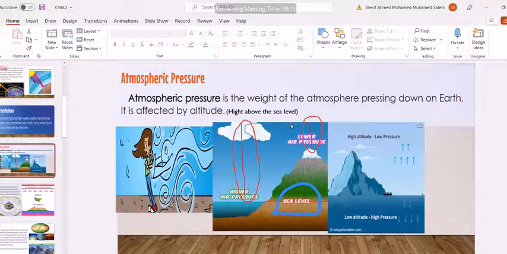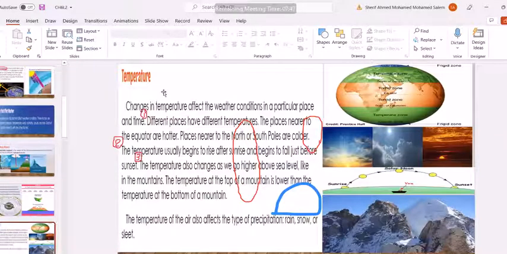It's stormy, cold, rainy. But high air pressure means fair weather, good weather.